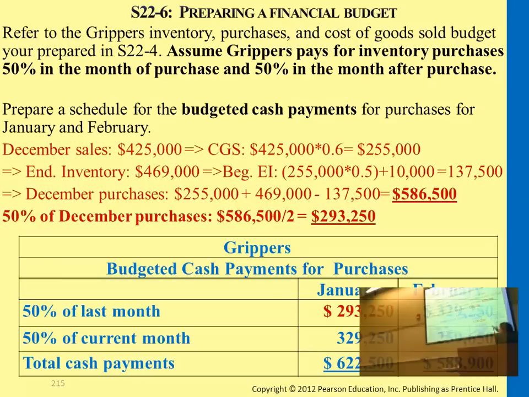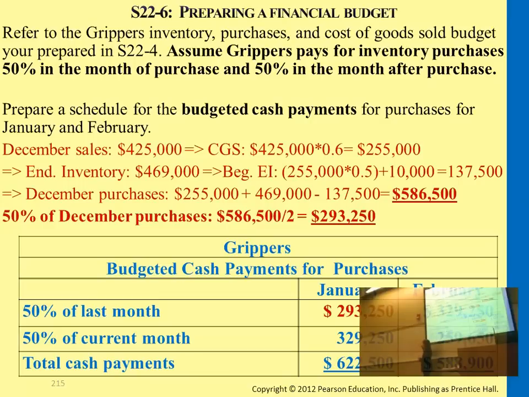Okay, so once again, this red highlighted number here refers to December's purchases, and we're paying half of it in January. So for December's purchases, you need to use the same logic as how we got all the other purchases in the operating budget, the second table that we got, using the same policy. Since you're given sales, we also get cost of goods sold based on January's 60% of sales.